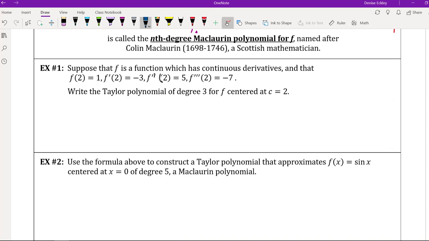So our polynomial is going to be our Taylor polynomial of degree 3.